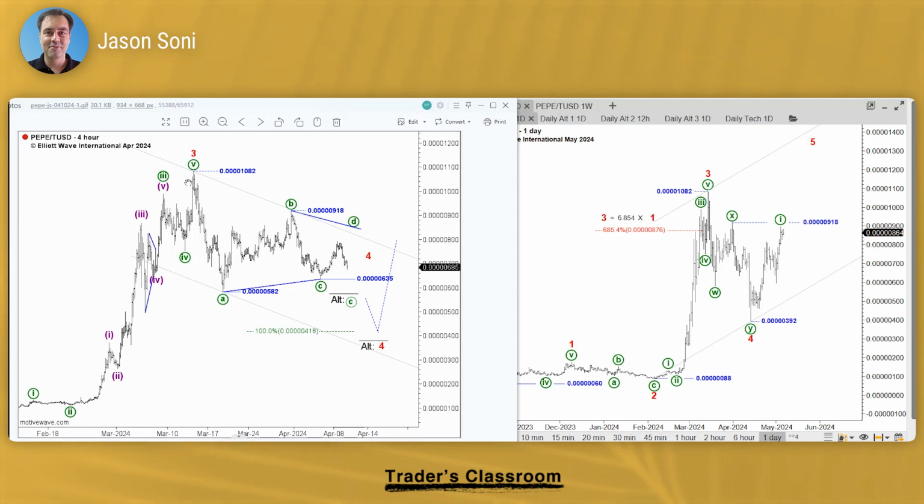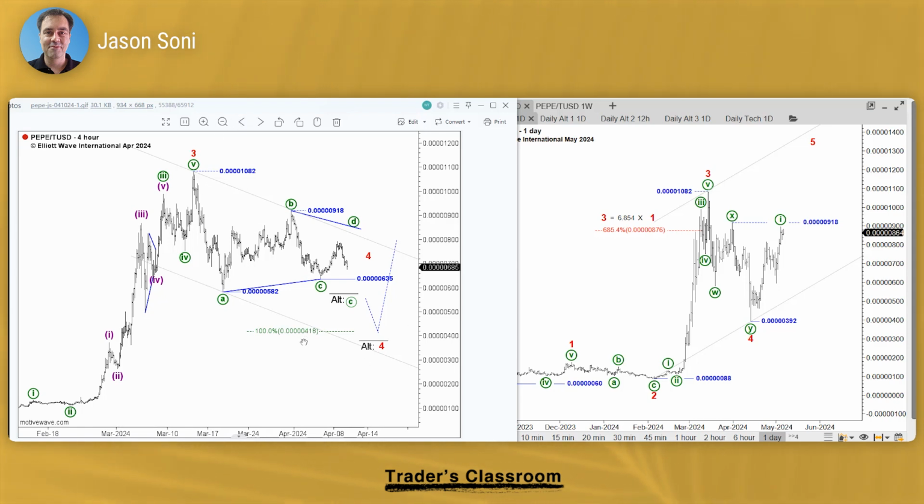Now, like I say, you can label this as a 3 or a 5, depending on how creative you get. But the point I was really trying to refer to when I was mentioning this idea at the time was that I was just going to count a three-legged decline.